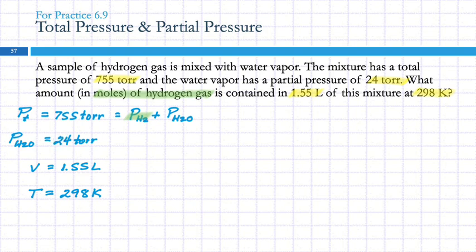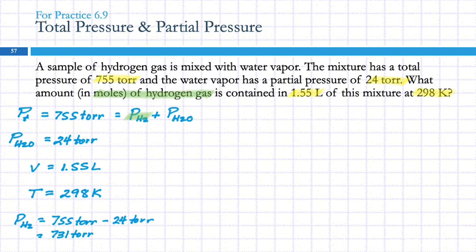Down here, the partial pressure of H2 is going to be 755 torr minus 24 torr, which is 731 torr. We want to use the pressure of the hydrogen because we want the moles of the hydrogen.